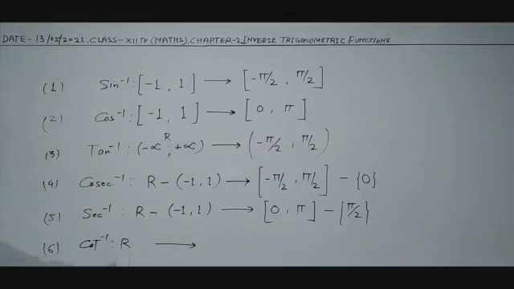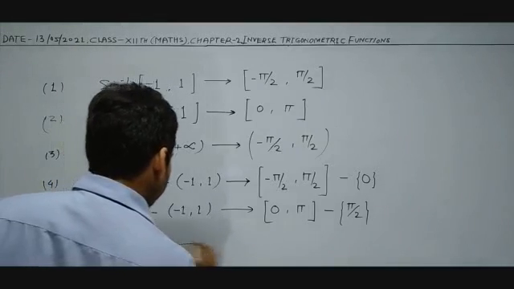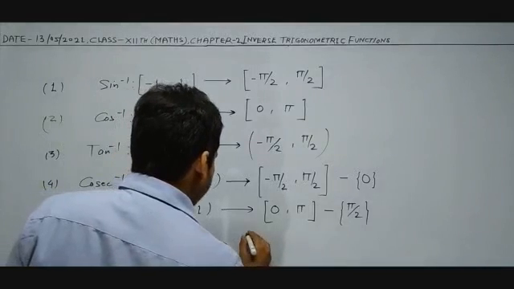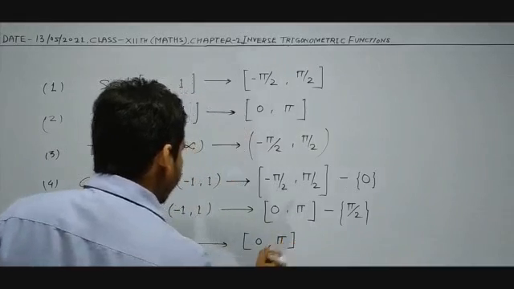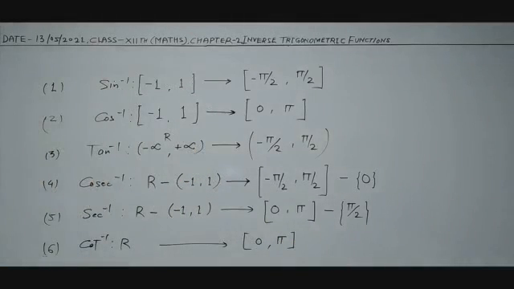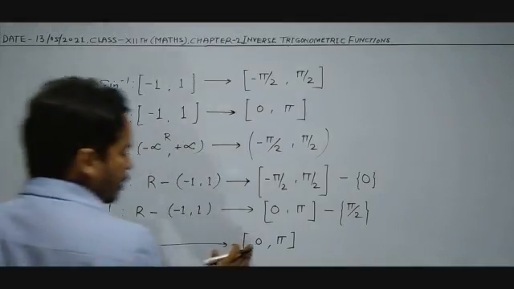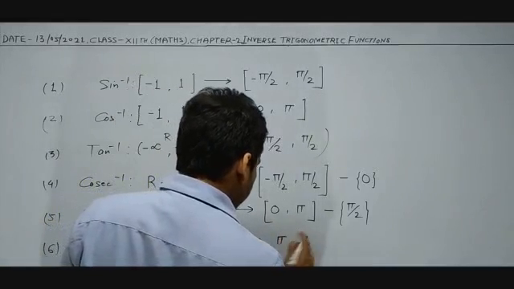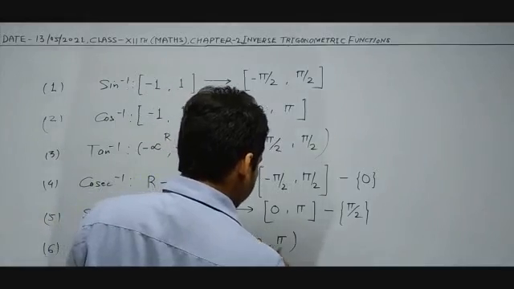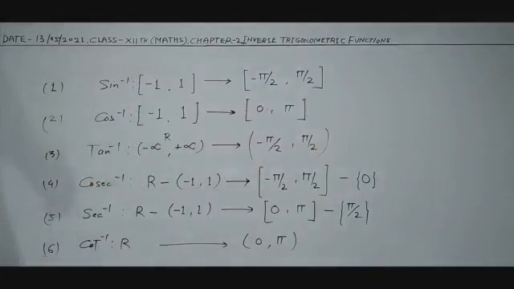Its domain is real number, and its range will be 0 to pi. Check it. Its range is 0 to pi between open intervals, not in closed intervals. This will be in bracket. So this is the principal value branch of all inverse functions.